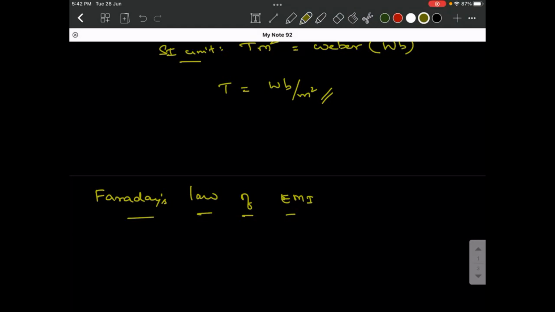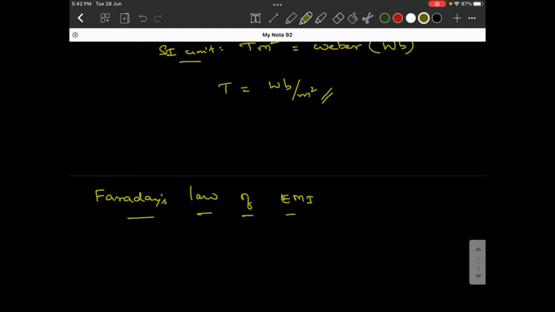So I need to give a mathematical expression. By me creating a relative motion, what is happening? There is a change in magnetic flux, right? Actually, I forgot one thing. Can you strike off that an EMF is induced? Sorry about it.